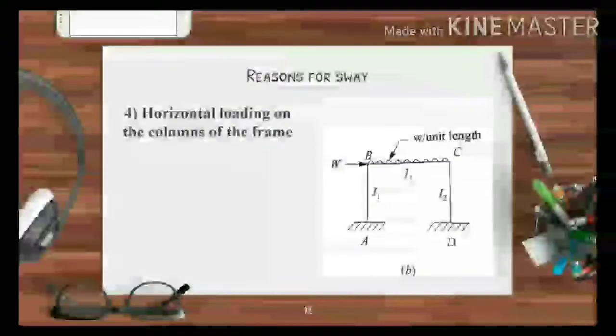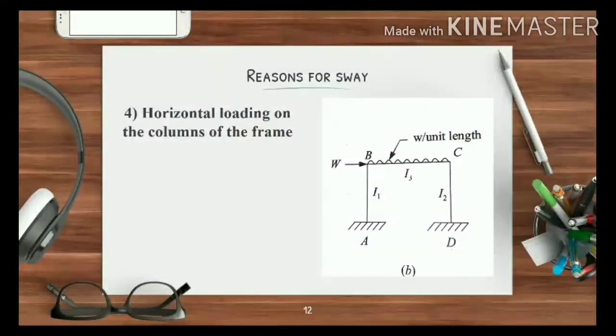Fourth one, horizontal load acting on the column of the frame. If there is any horizontal load acting on the column and there is no opposing load on the column CD, then due to this horizontal load sway will occur. So this will also be a sway frame.